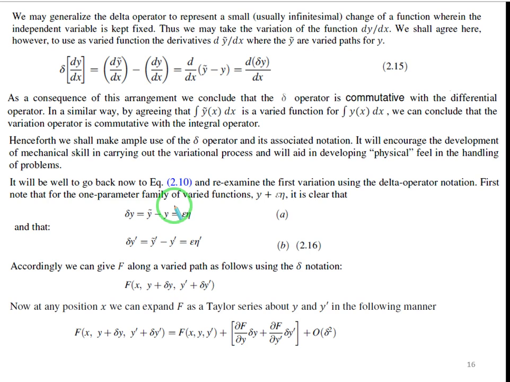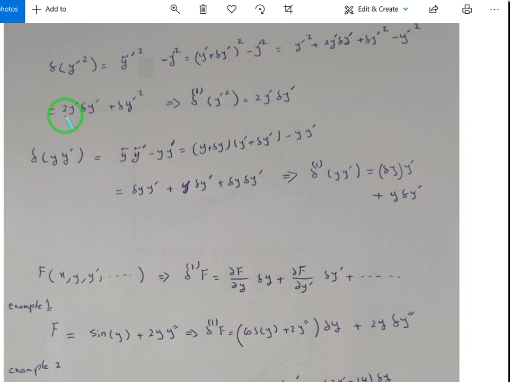Let me show you some of my notes. As you can see here, I want to calculate the variation of y dash by 2's. By definition, I can easily say that the variation of y dash by 2's is equal to y tilde dash by 2's minus y dash by 2.